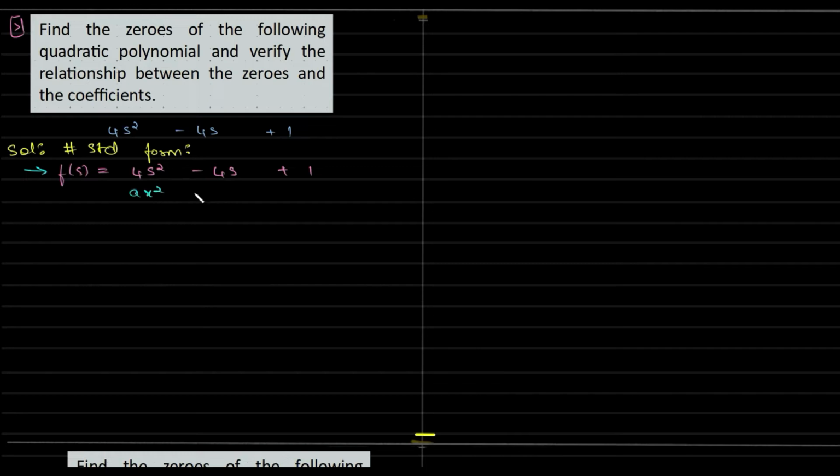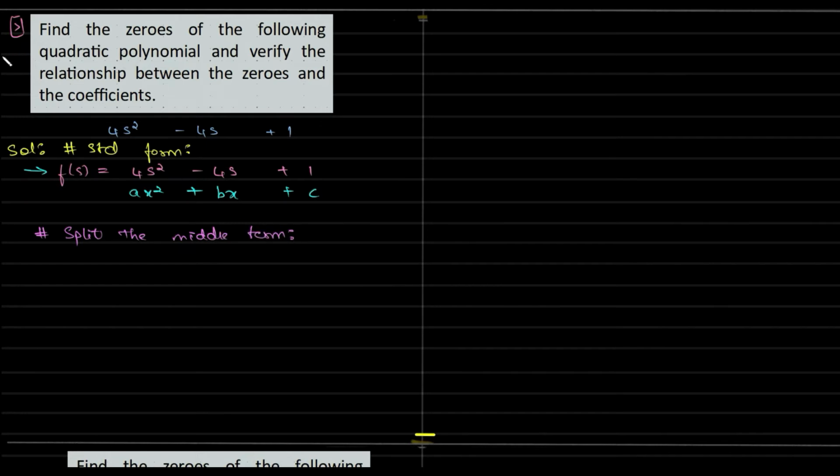So is this in standard form? ax square plus bx plus c, yes, it's in standard form. So next, we are looking at finding the zeros using splitting the middle term. So let's split the middle term.